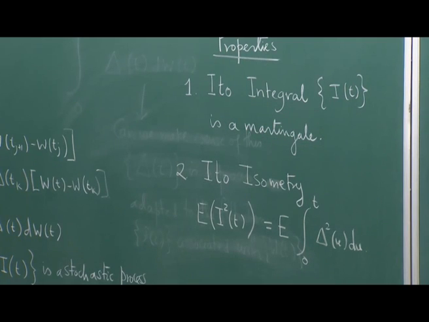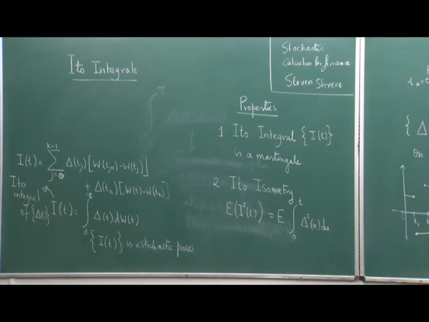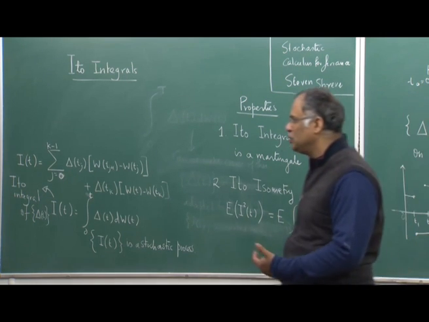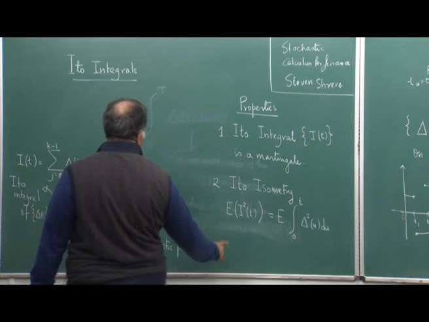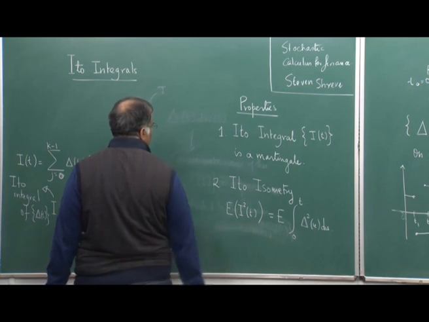Now, why it is called isometry would be clear if you only know something about L2 norms. See, look at this quantity E I square t.